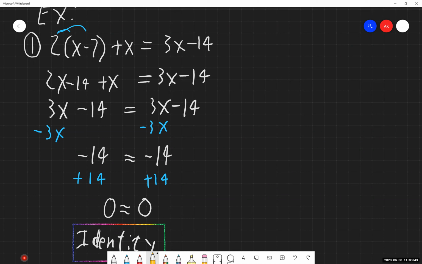We see that show up in our line right here. We have 3x minus 14 equals 3x minus 14. We see it in the line directly after, where we have negative 14 is equal to negative 14. And then in our final line, which I think is the most clear way of seeing it, we get 0 is equal to 0.